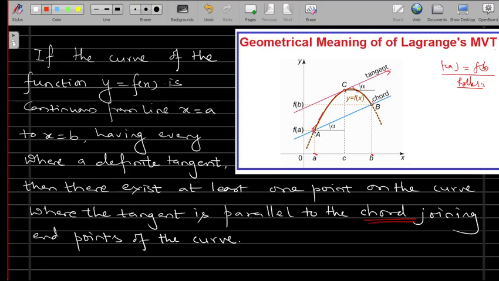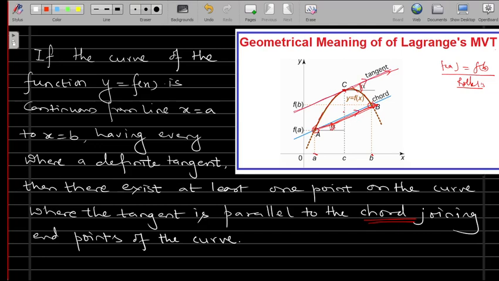This is f of a, this is f of b. From here we have drawn a chord and the slope of the chord is alpha, and from this point we have drawn a tangent whose slope is alpha, so these two are parallel.